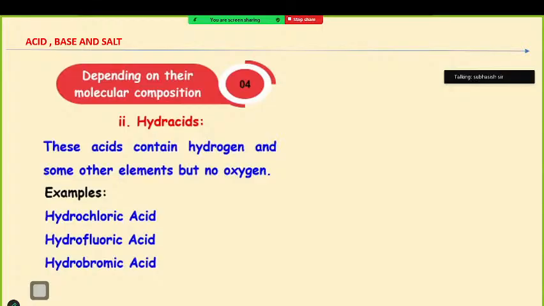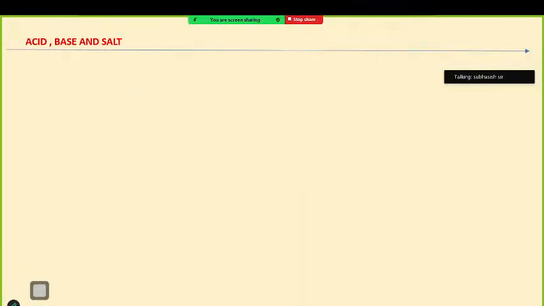These acids are like hydrochloric acid, simply HCl, or HF, or HBr. They are known as hydracids. So depending upon the molecular composition, there are two types of acid: oxyacid and hydracid, like HCl, HBr, HI, etc.